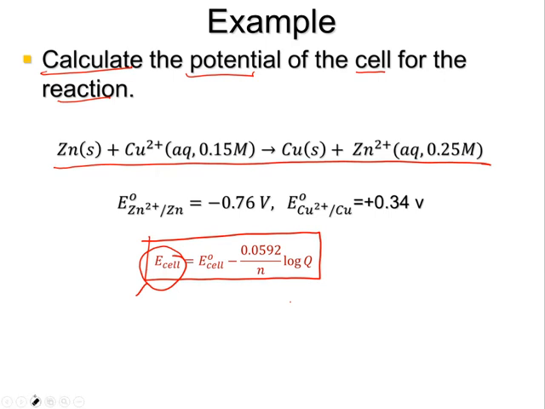Then this E standard we can easily calculate, because we calculate this value based on the standard reduction potential like we've done in the previous examples. Then we can determine the number of electrons, meaning we can easily determine n, then we can also determine Q, and that basically makes our life very, very simple.